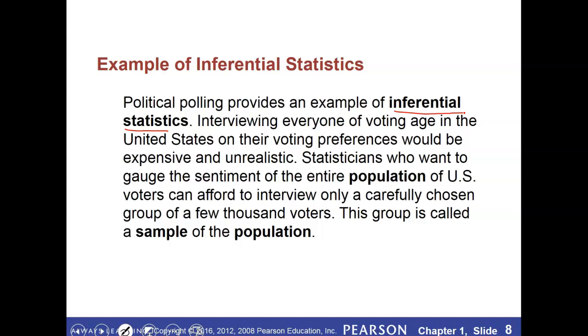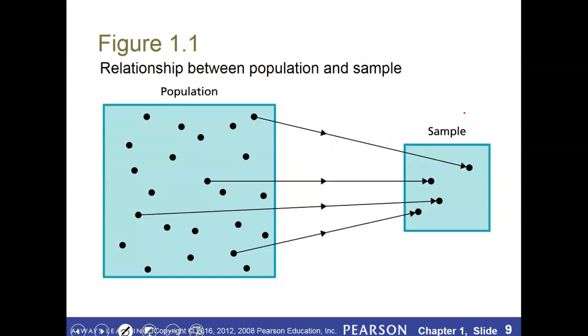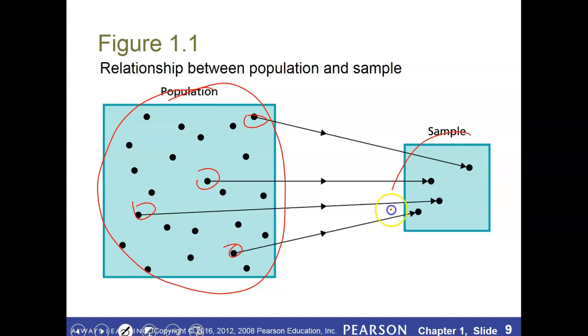When we hear statistics about whether this candidate would win an election over another candidate, those are almost always inferential because they can't ask everybody in the United States what they think. They can only ask a certain number of people just because of time and convenience. So we have an entire population, which includes everybody, but a sample might be only a certain number of that population.